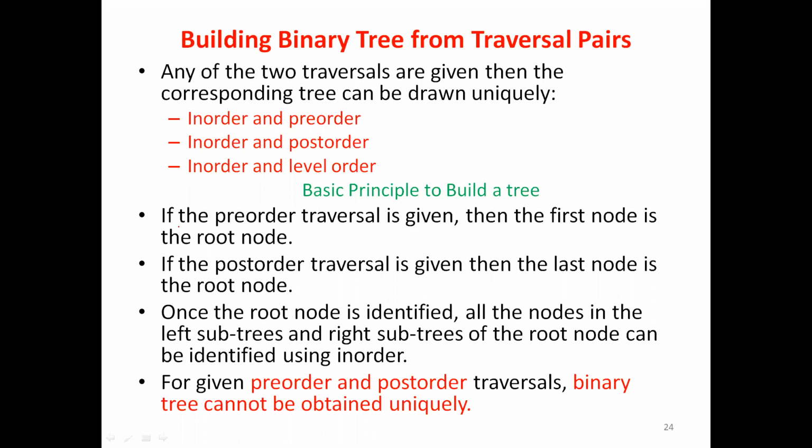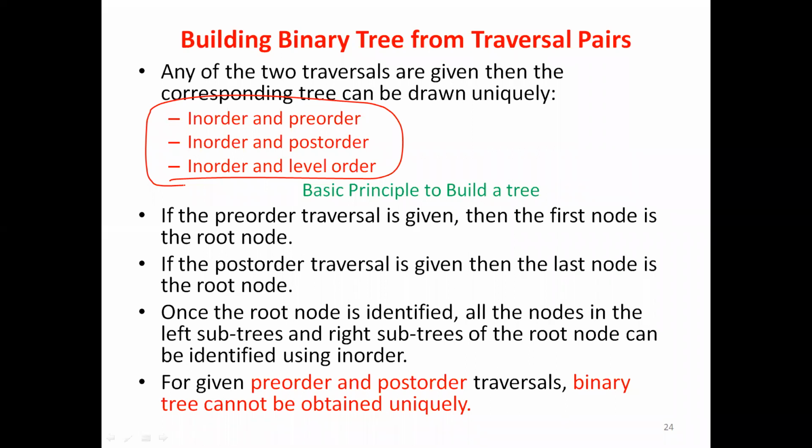So these are the different ways we can represent these traversal pairs, right? If the pre-order traversal is given, then the first node is the root node, that we know, right? Obviously, if a pre-order traversal is there, try to recollect the technique of how pre-order is represented.